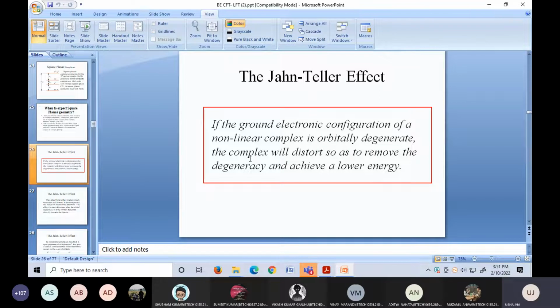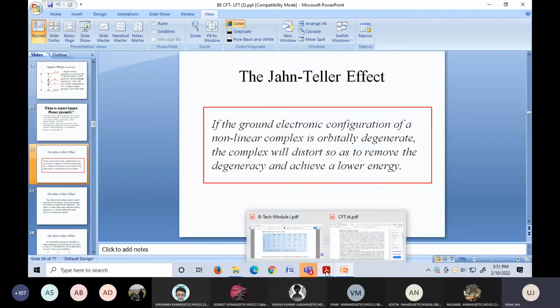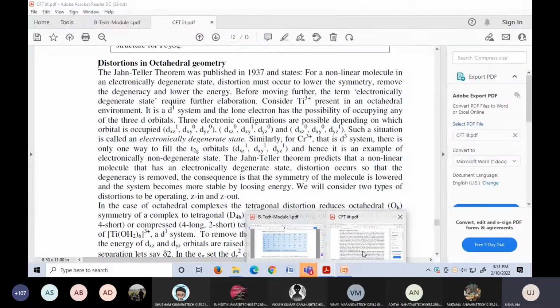Seems a number of complex terms are coming here, but let's demystify it. Let's try to explain it in a simple way and first understand what orbitally degenerate or electronically degenerate actually means.